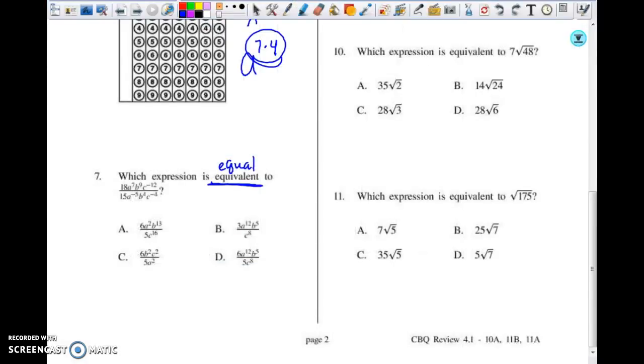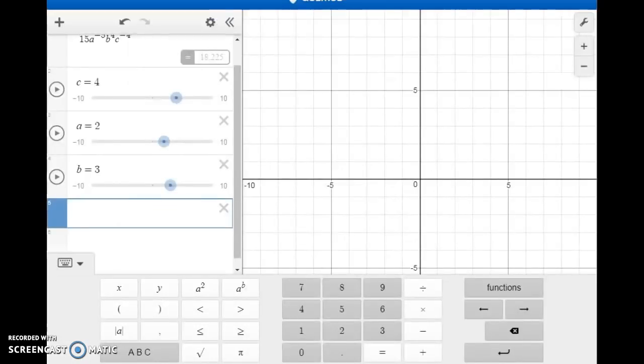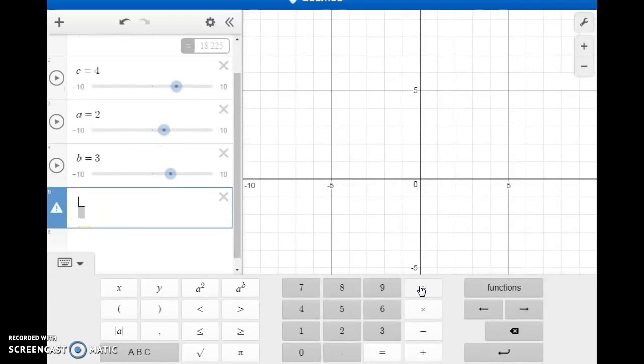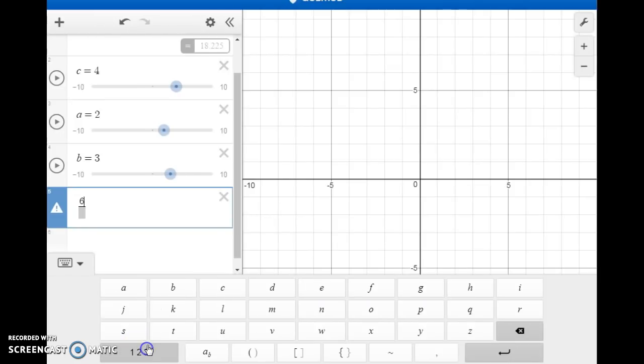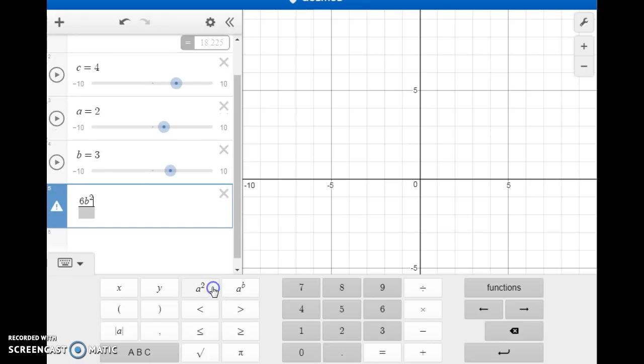So for example, I will try C first, right? So we'll try 6b squared, c squared. So I'll type it in. Put your fraction. All right, the top is 6b squared, c squared.